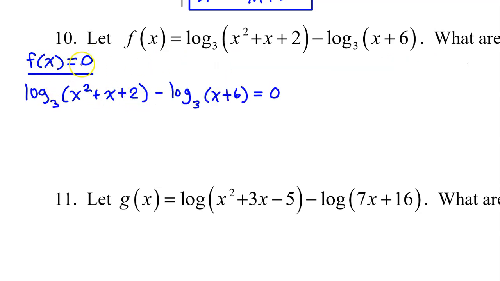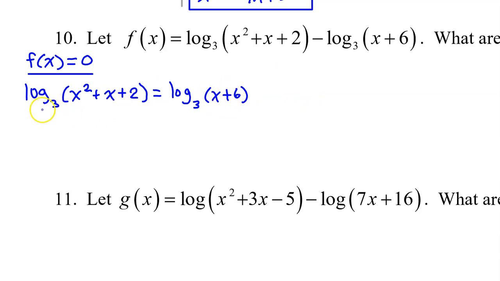First, let's find where f of x is equal to 0. So let's set all of this equal to 0 and solve. The easiest way to solve this would be to put each log on opposite sides of the equation. So let's add the log base 3 of x plus 6 to both sides and essentially move this expression over to the right. Now we have this equation.